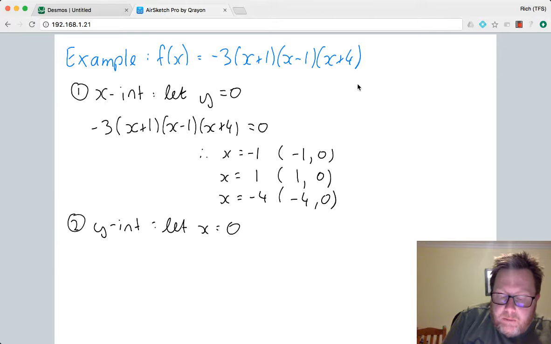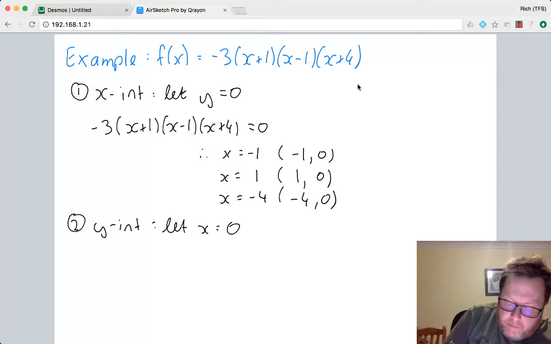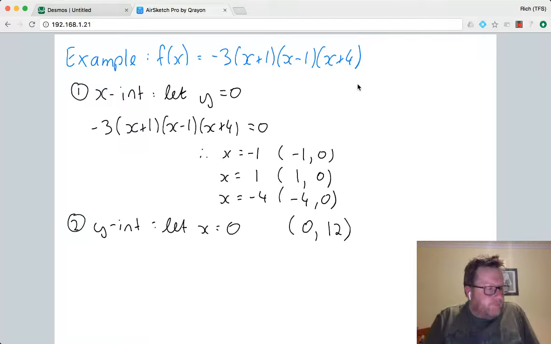So effectively, you're multiplying the constant numbers together, keeping in mind that the operation here will affect the whole sign. So I go -3 times 1 is -3, -3 times -1 is +3, and +3 times 4 is 12. So that would be when x is 0, y is 12, like so.